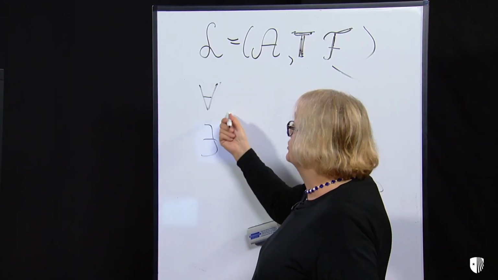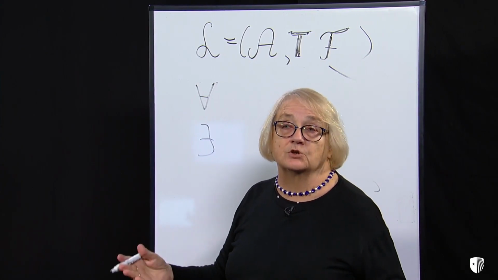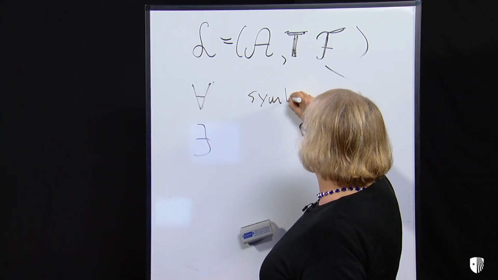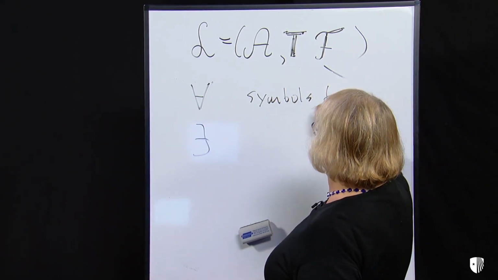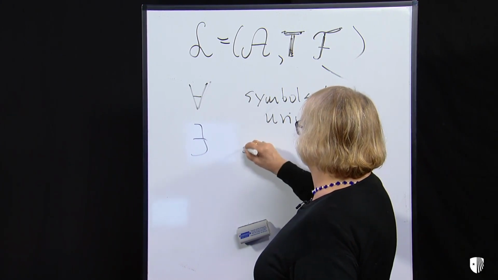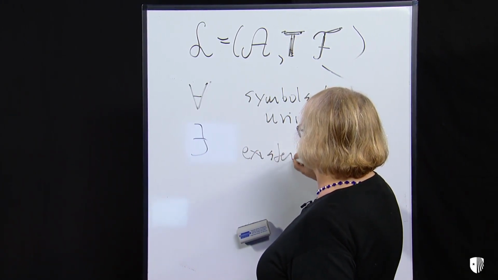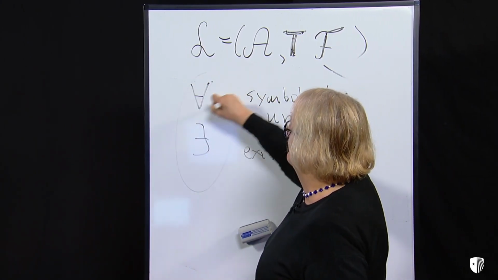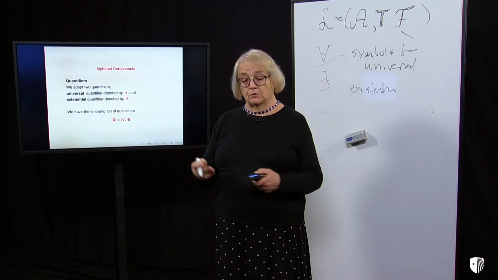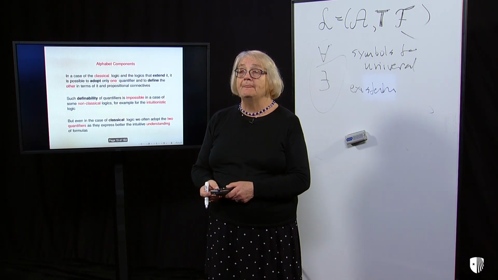There are different notations and different symbols. These are our symbols for quantifiers: universal and existential. Books use different symbols, but these are the most common symbols, and we use them.